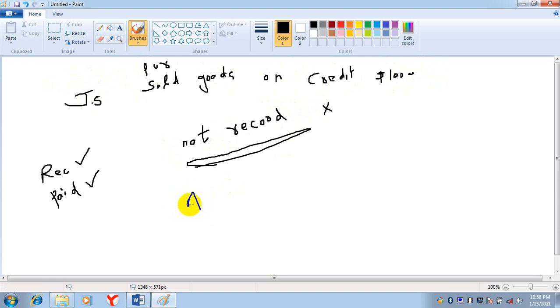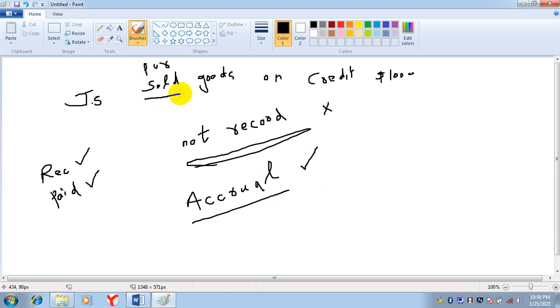The other is accrual basis. In accrual accounting, now these transactions will be recorded. In accrual basis of accounting, a transaction will be recorded when the ownership is transferred.